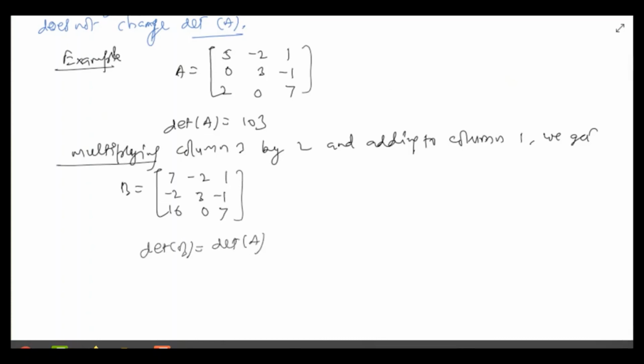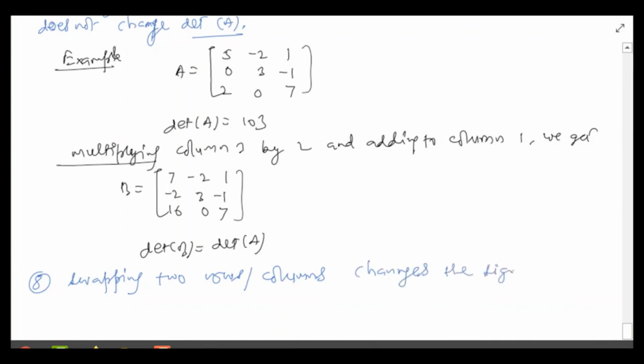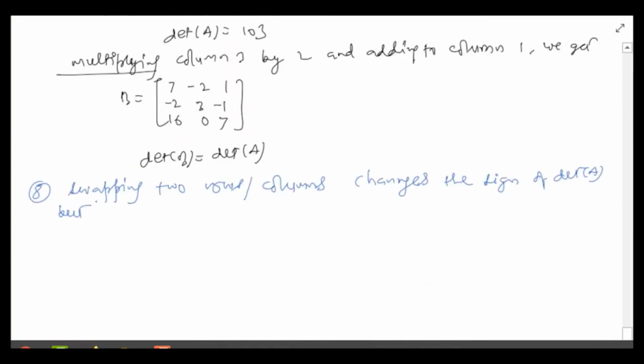Let's see another property that says that swapping two rows or two columns of matrix A merely changes the sign of the determinant. The absolute value remains the same.